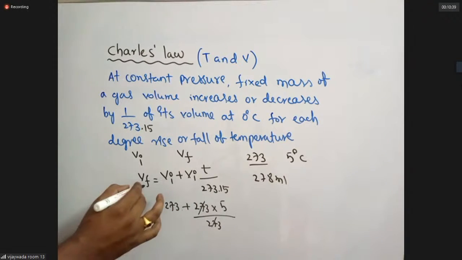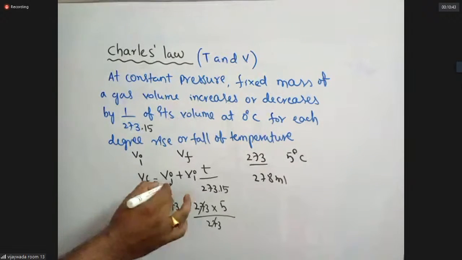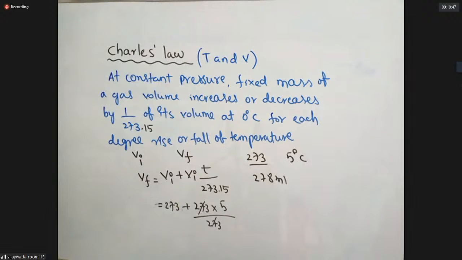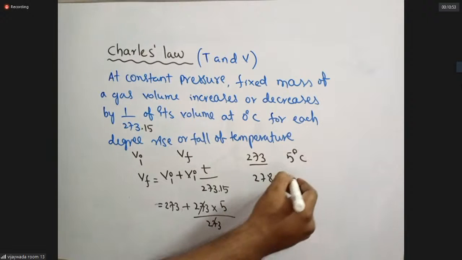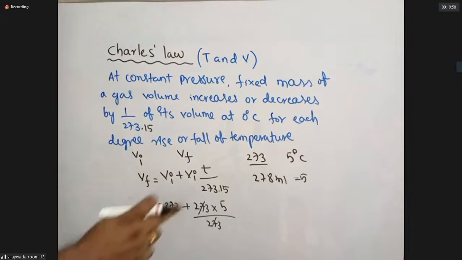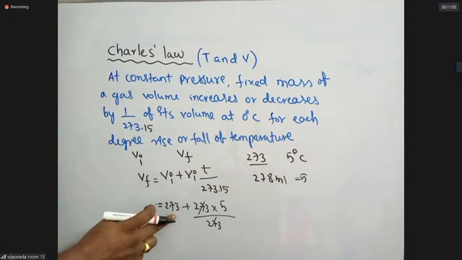That's why the formula is V final is equal to V initial plus V initial into T by 273.15. Are you getting it? You can take minus 5. Even in the case of minus 5, here 273 minus 5, then you will get 268.